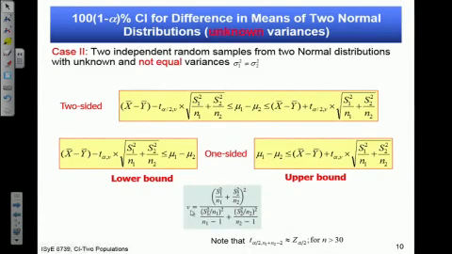Okay, so the degrees of freedom depends on the sample size as well as basically the sample variances for each population. And as you can see, it's very similar to the basic Z confidence interval. We just replace sigma 1 squared with S1 squared, and sigma 2 squared with S2 squared. Okay? Any questions so far on confidence intervals?